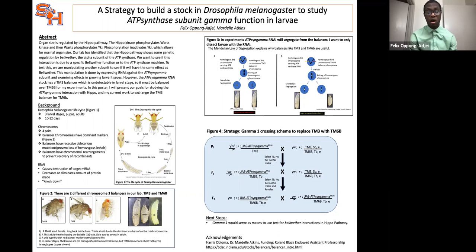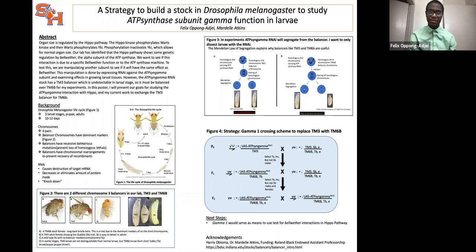If crossovers do happen within the inversion breakpoints, the progeny would be aneuploid and not viable, so we don't have to worry about those, because they can't reproduce and make progeny that does not contain our balancer chromosomes.